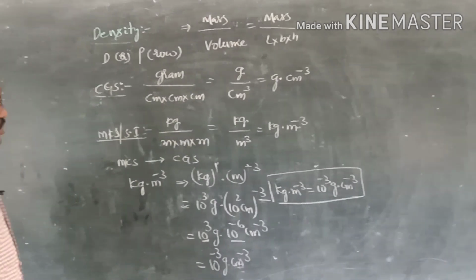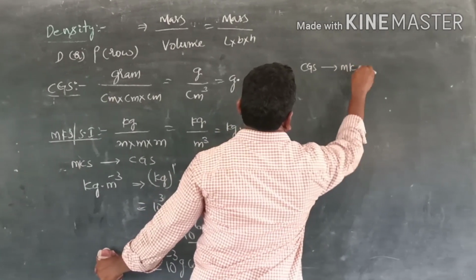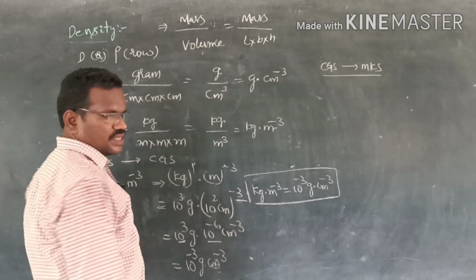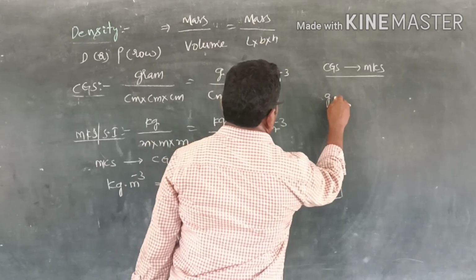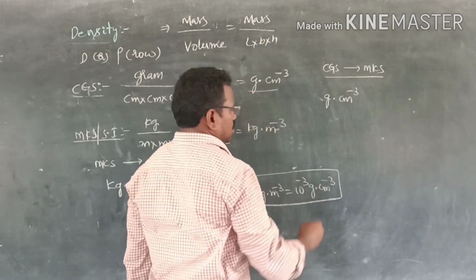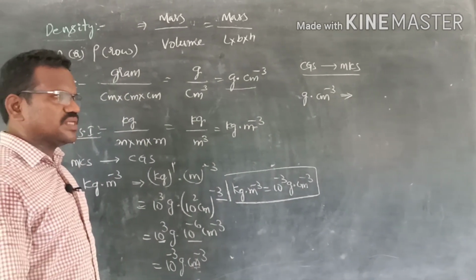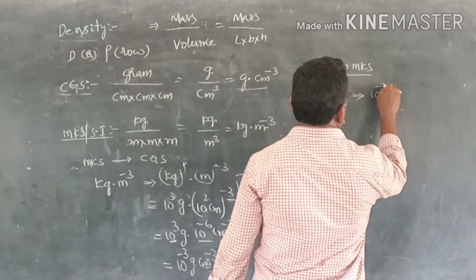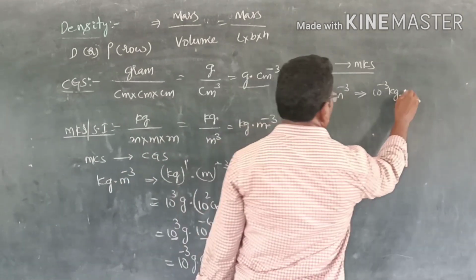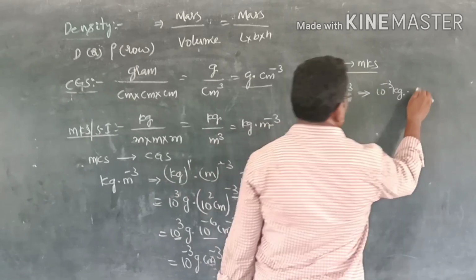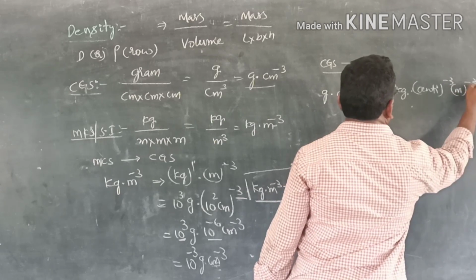In the next case, we derive the relation from the CGS system to the MKS system. What is the CGS unit? Gram into centimeter power minus 3. We know that 1 kg is equal to 10 power 3 gram. Now the gram becomes 10 power minus 3 kg. This can be represented as centimeter power minus 3, that is centi whole power minus 3 meter whole power minus 3.